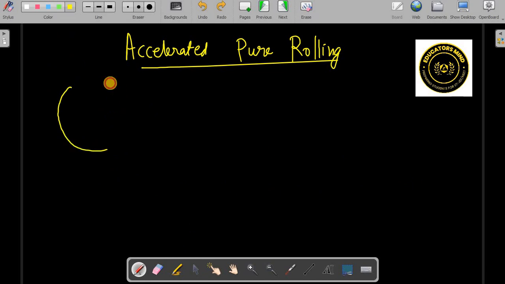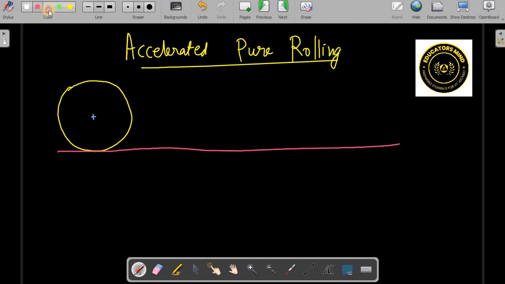The approach will be the same, but the only thing is that there can be friction acting. So let us consider that this is the flat surface, the center of mass, the velocity of the center of mass, and here you need to consider some case to understand this properly.